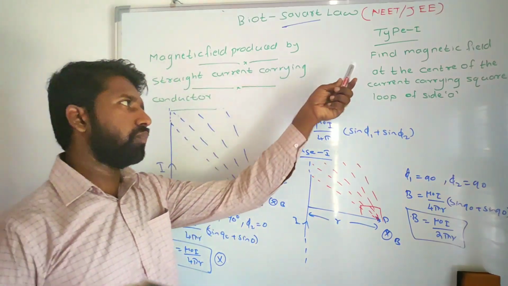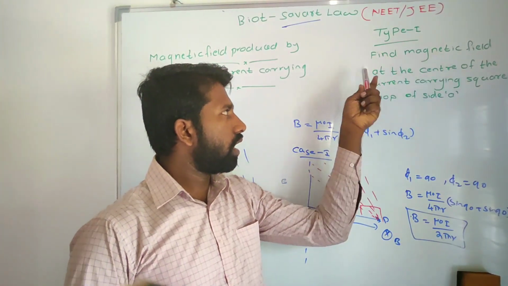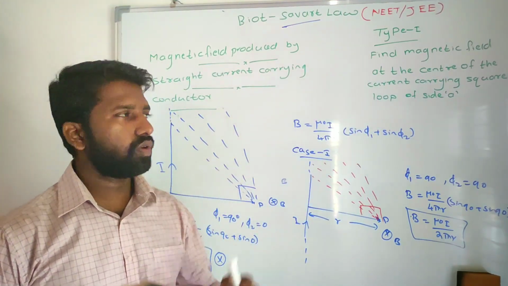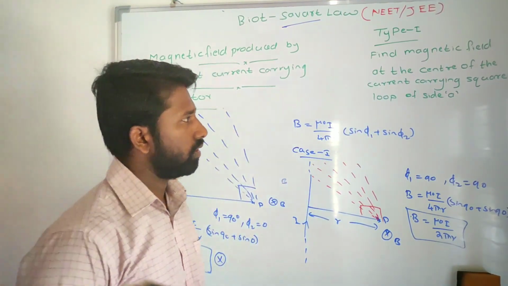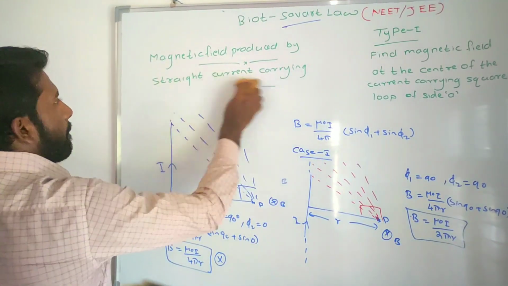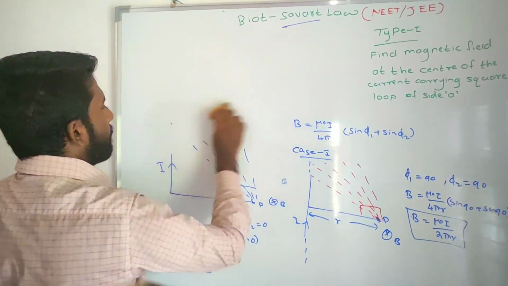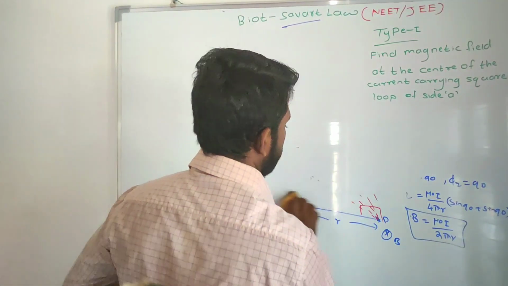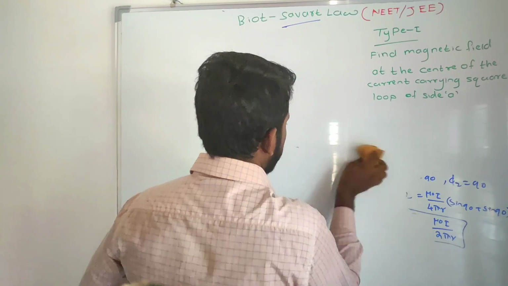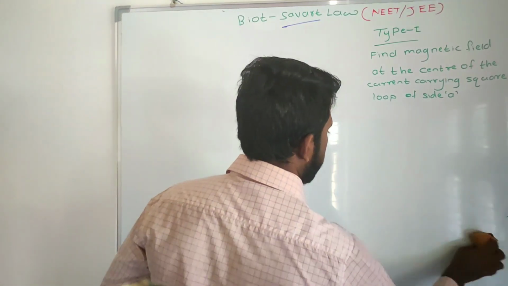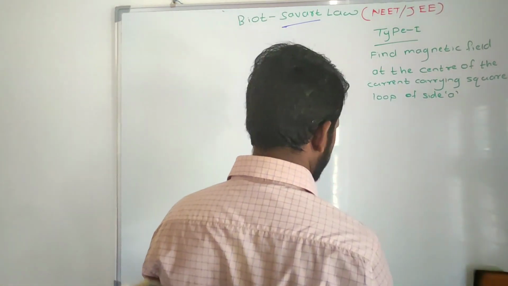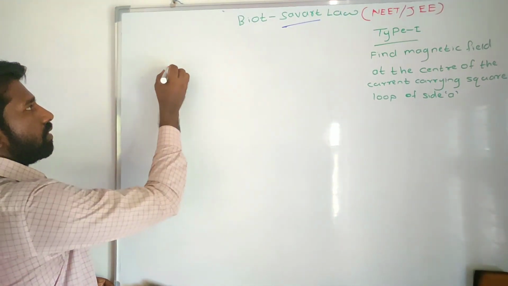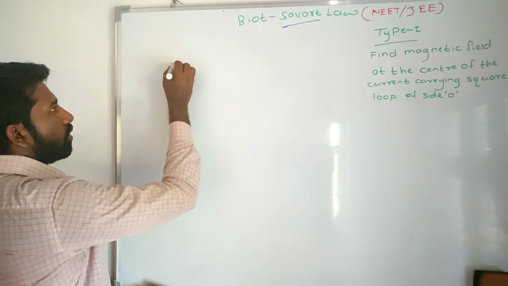Now we will see type 1. Find the magnetic field at the center of a current carrying square loop of side A. We need to find the magnetic field at the center of a current carrying square loop.